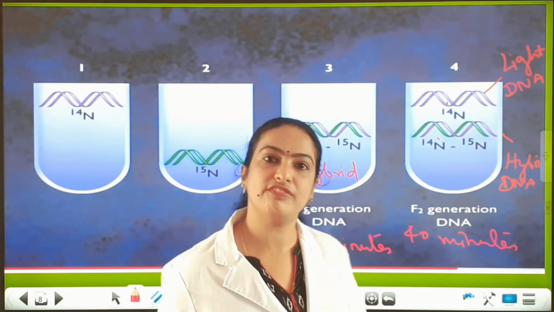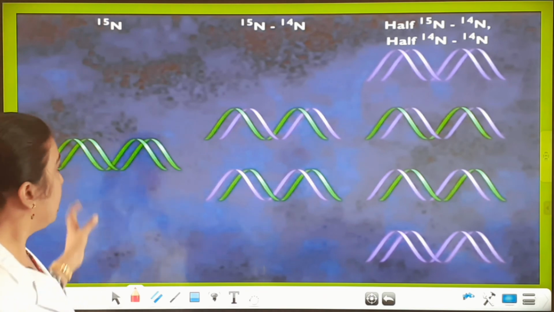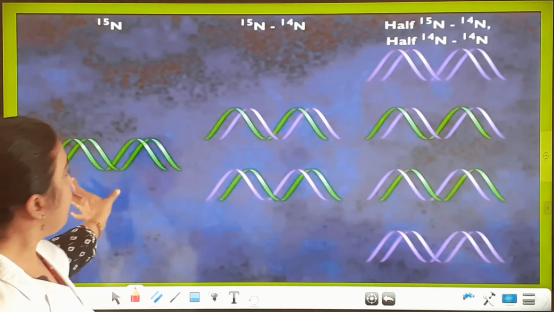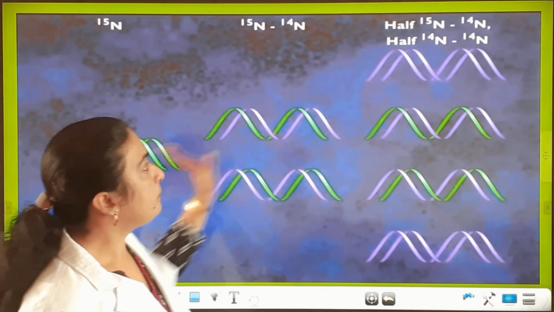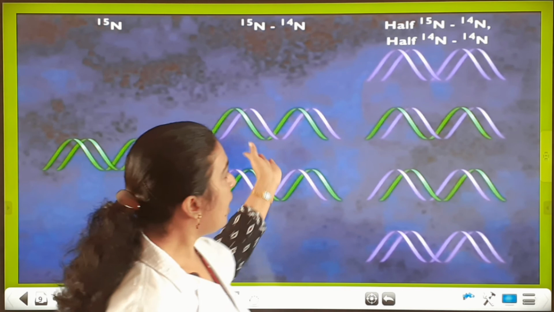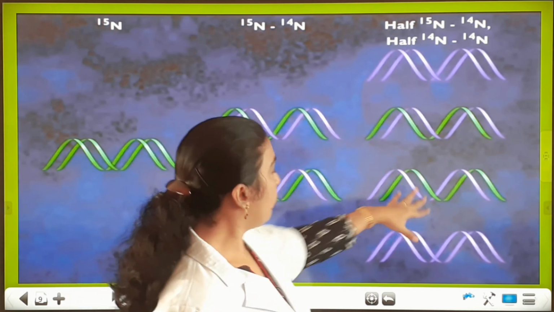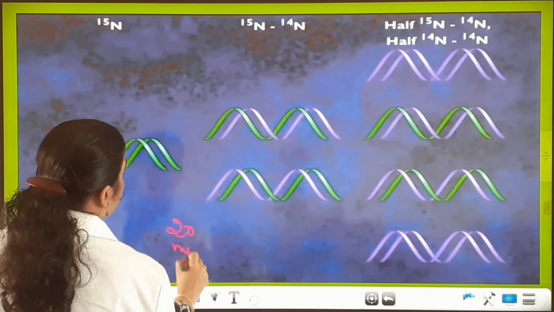That is the meaning of semi-conservative. Okay. Here also you can see the N14 in green color and N15 in purple color. So this is a hybrid variety. This is after 20 minutes, and then after 40 minutes.